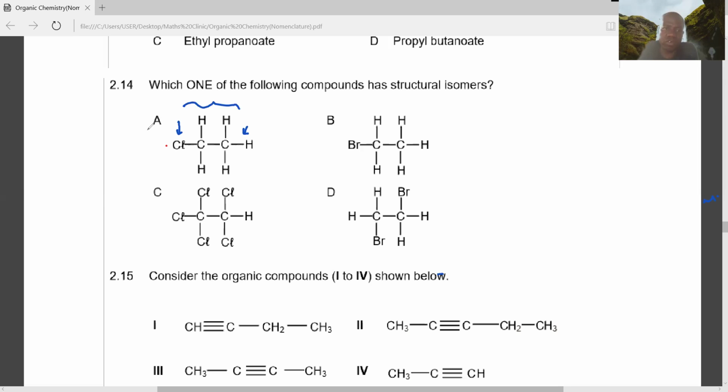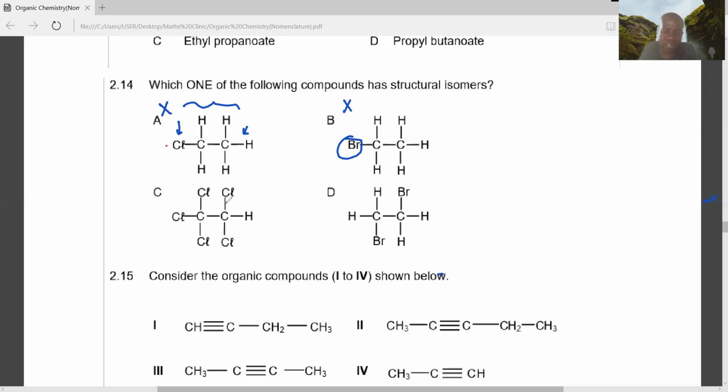So it will not have a structural isomer. With the second one, bromine, this is one bromoethane. Even if we move it to the next, it will still give us the same. So it will not have any structural isomer.